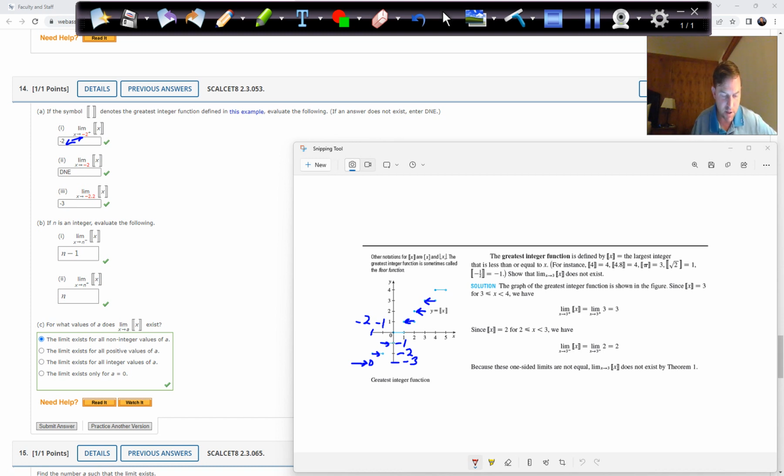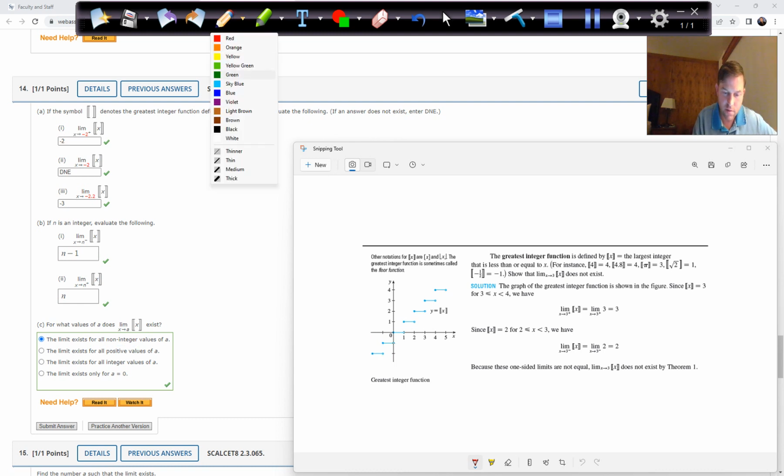Okay, so now what does it say? For what values of a does the limit as x approaches a exist? So it's only going to exist if you have a non-integer value. So you have to be somewhere in between these lines. I can't be at 3 or 4 or 5, because at 3 or 4 or 5 it switches. It jumps from one step to the next step.